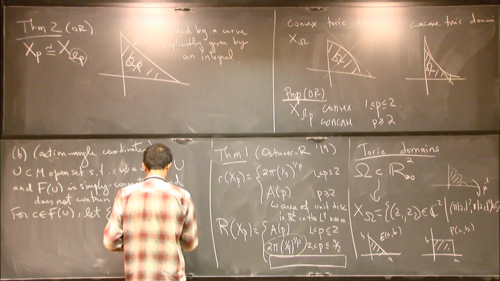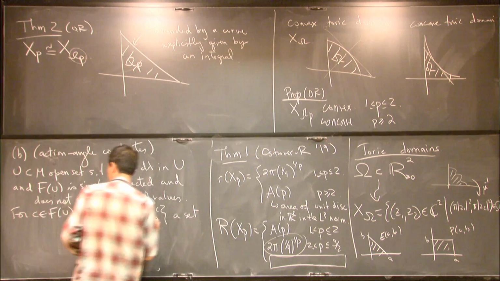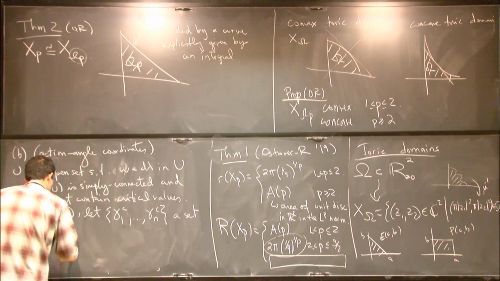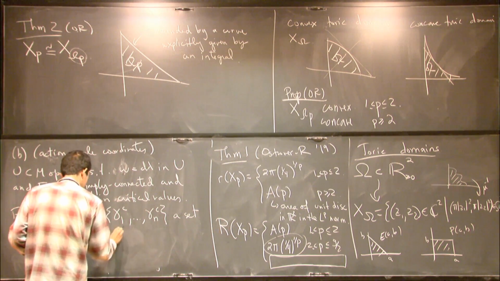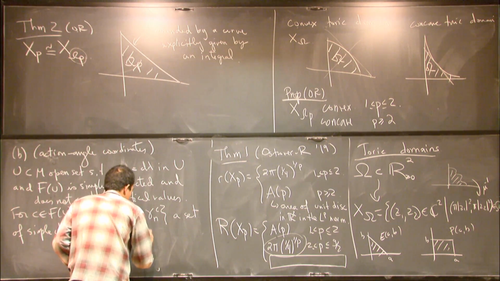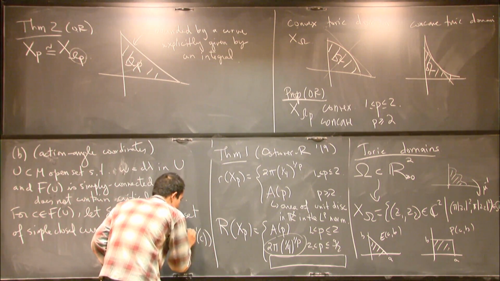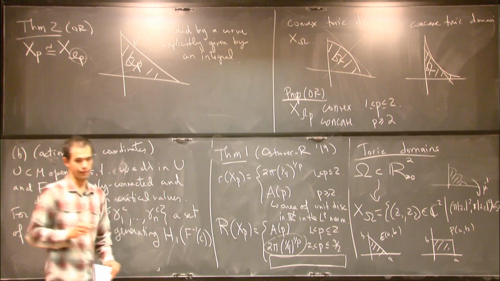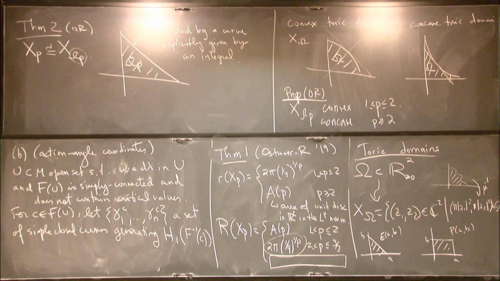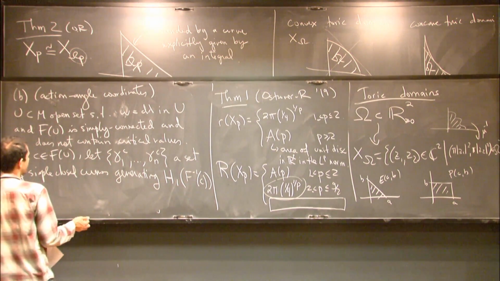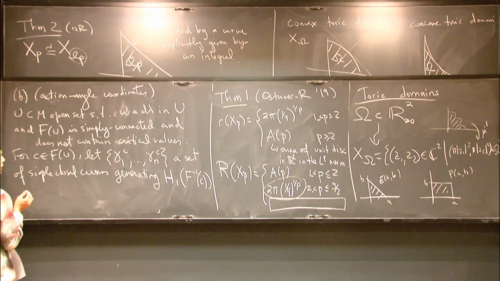So this is a set of simple closed curves generating the first homology of the torus, which is the preimage of C. Okay, so I can choose a family like that that depends on C smoothly. Okay, because I know that f of u is a product.